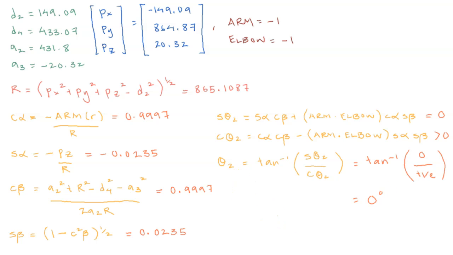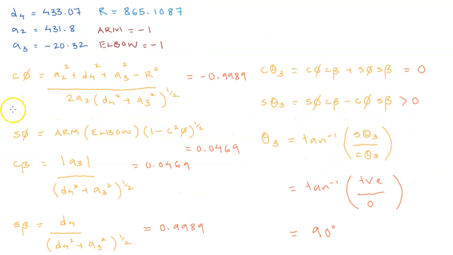Let's look at theta 3. Again, these are the equations that we have to solve for theta 3. At the end, theta 3 equals arctangent of sin theta 3 over cos theta 3. In order to arrive at this, we have to compute cos phi, sin phi, cos beta, sin beta. If you go through the variables that I used, we need D4, A2, A3, R, which we computed earlier for theta 2. And again, we need arm and elbow. Cos phi, I found it to be minus 0.9989.